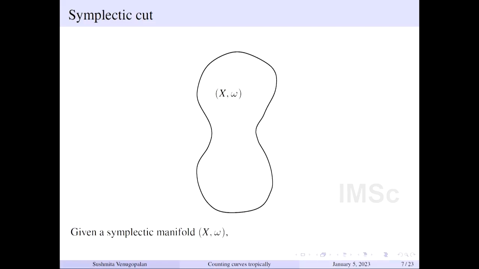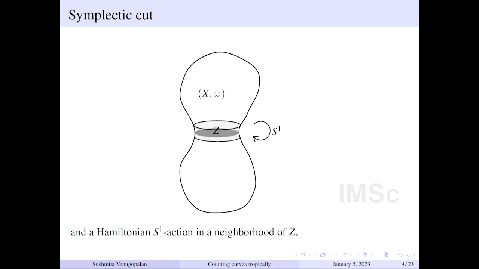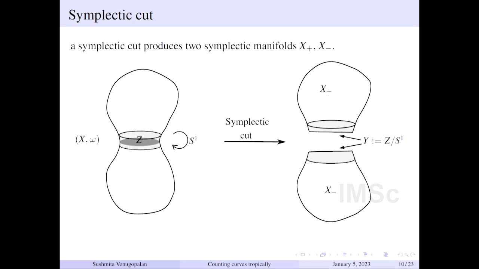If you have a symplectic manifold, in order to cut it, you need some inputs, and the first input is a separating hypersurface. So Z is a codimension 1 hypersurface sitting inside X, and in a neighborhood of this hypersurface you have an S1 action, which is reasonably behaved with respect to the symplectic structure. If you have such a thing, you can perform a symplectic cut.